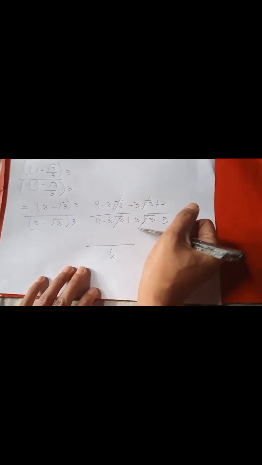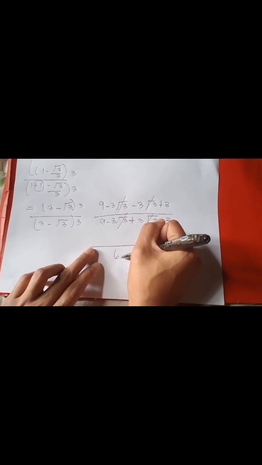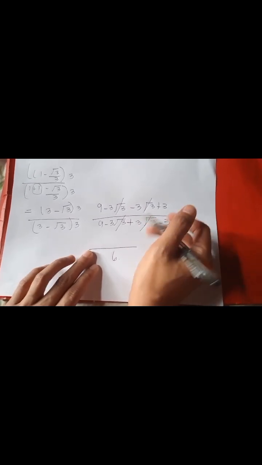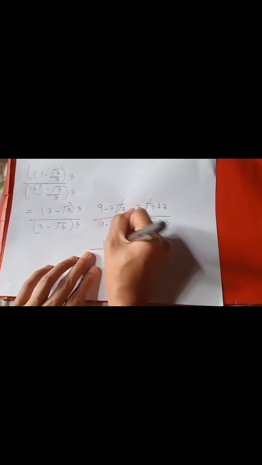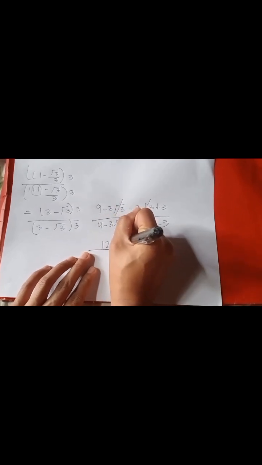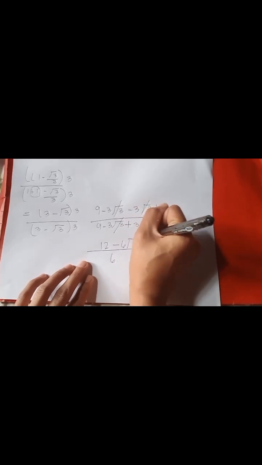So the denominator is 6 and the numerator is 9 plus 3, which is equal to 12, minus 9 minus 3, which is equal to 6 square root of 3.